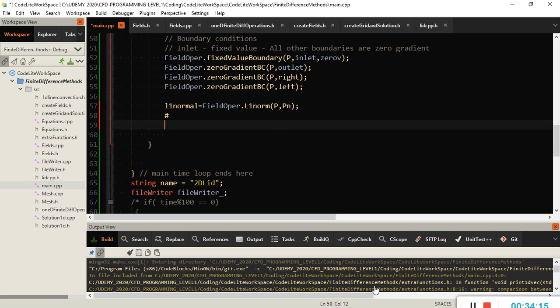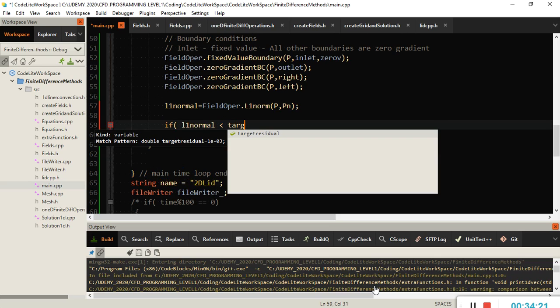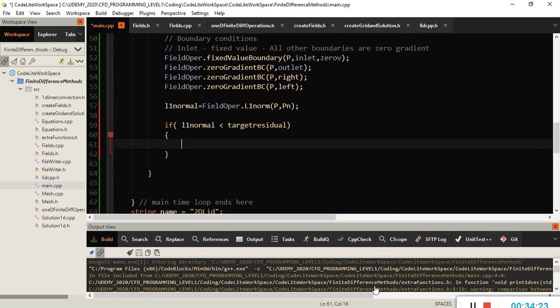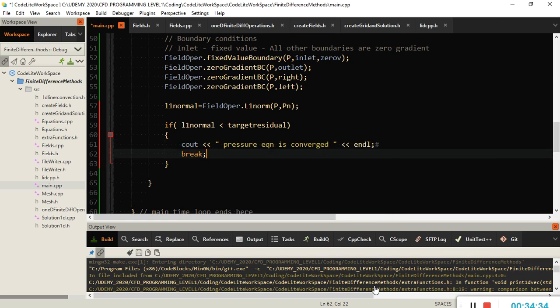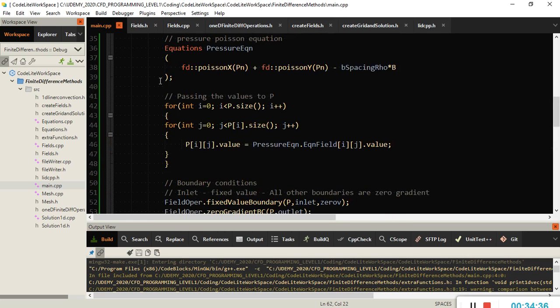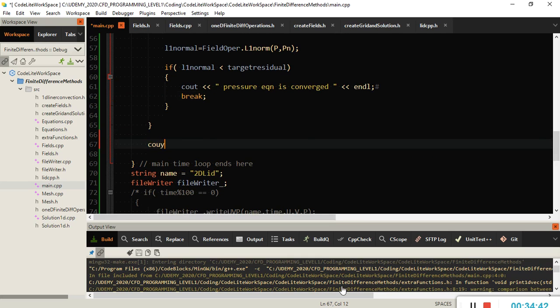Right, so now let's write an if loop. If L1 normal is less than our target residual, then cout pressure equation is converged, and end line, and then break from this for loop. So if not, cout.